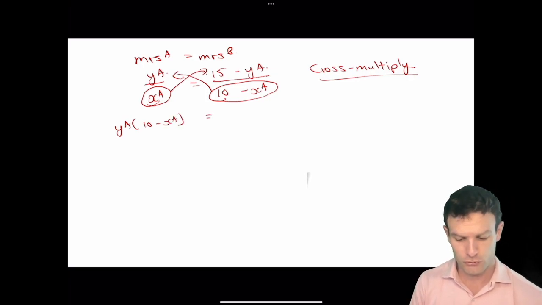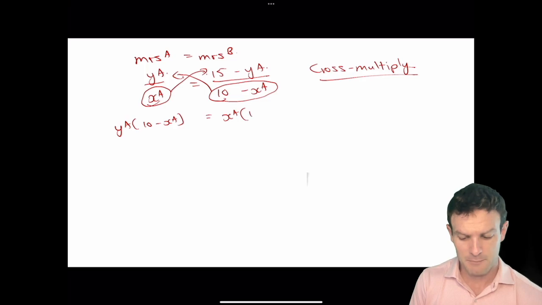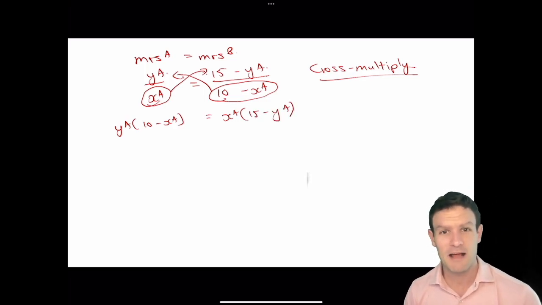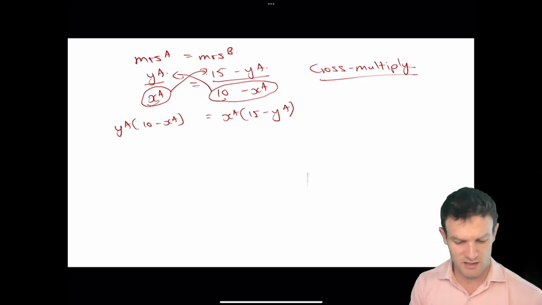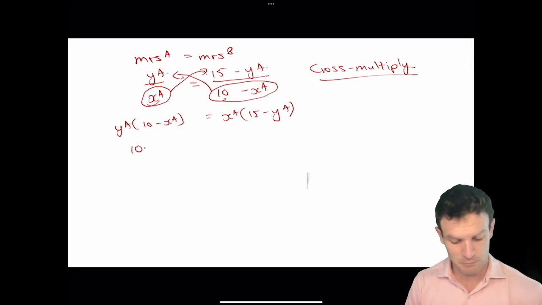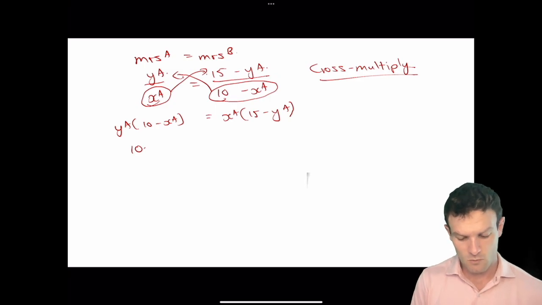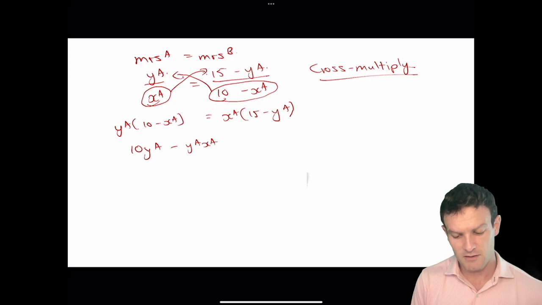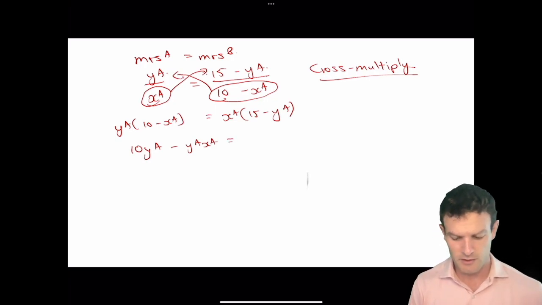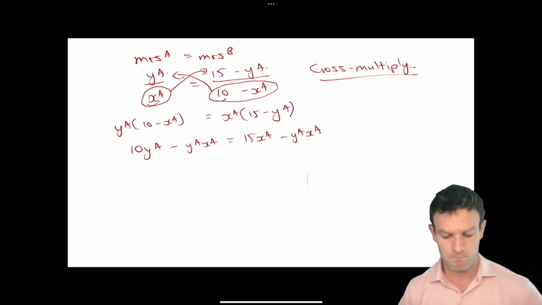We've got that equal to xa multiplied by 15 minus ya. Now let's multiply those out. What are we going to see? We're going to have 10ya minus ya xa. That's going to be equal to 15xa minus ya xa.